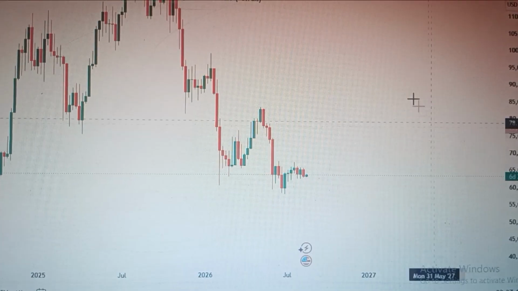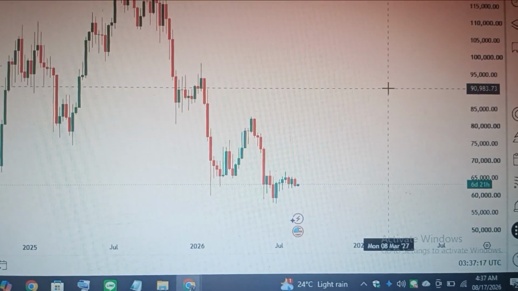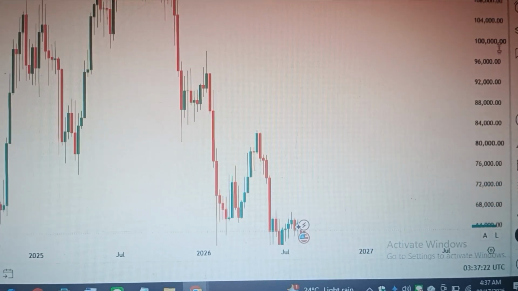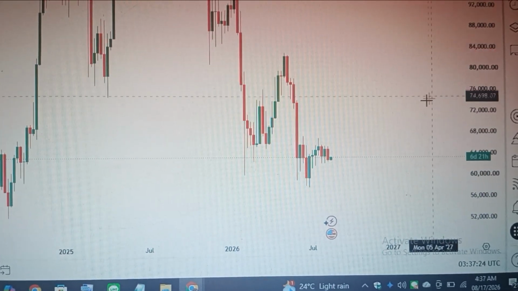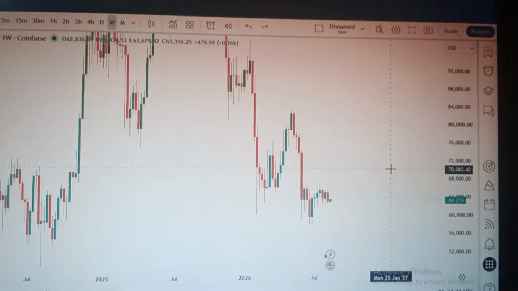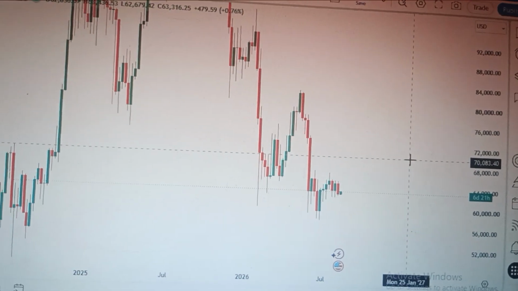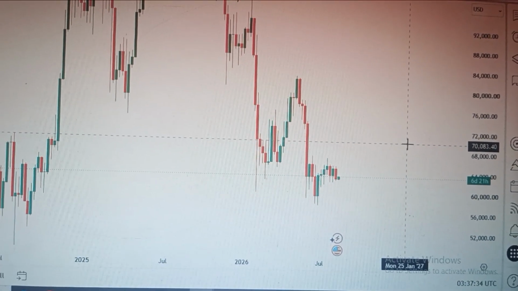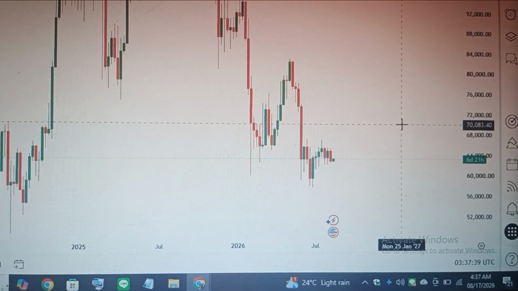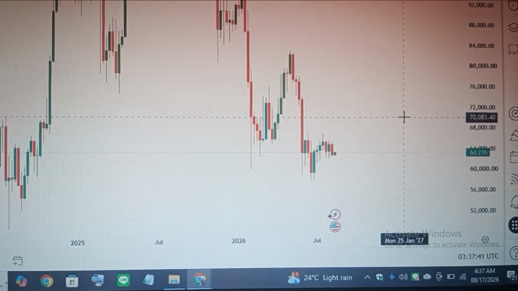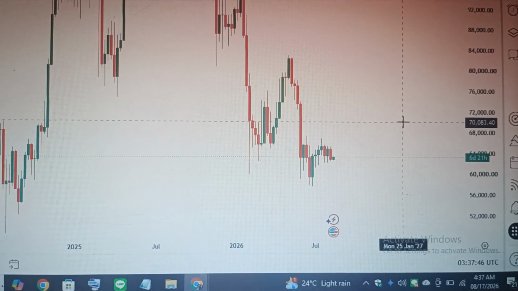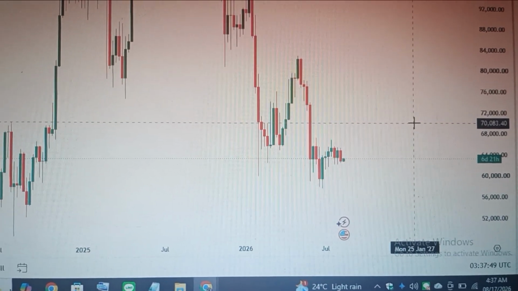So how do we carry that out? The way to figure out where the market is going is by scaling to the higher time frame, and from the higher time frame we gradually scale down. Most of the time I kick off my analysis from the weekly time frame, from the weekly down to the daily, just like that in sequential order.